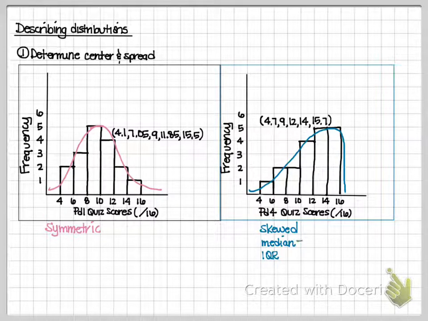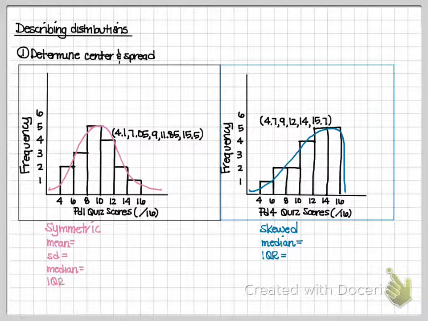We're going to find those in just a minute. Now for the other one, you could have used mean and standard deviation, or you could use median and IQR.